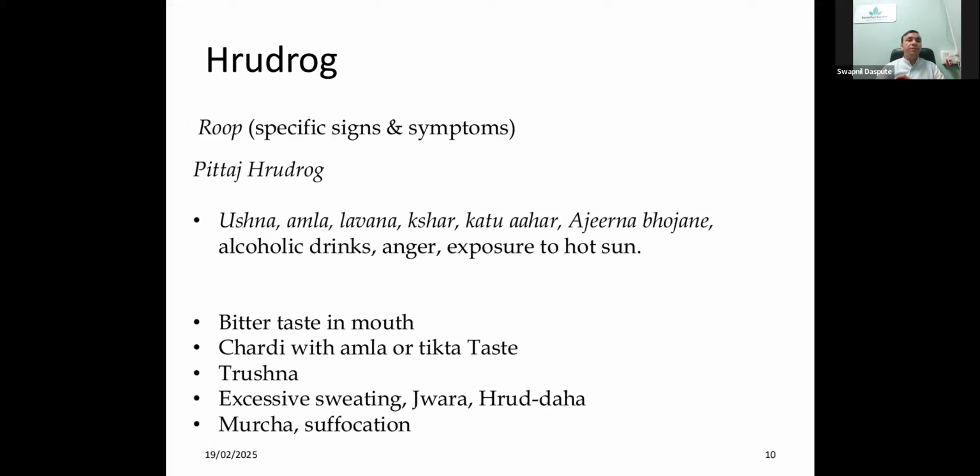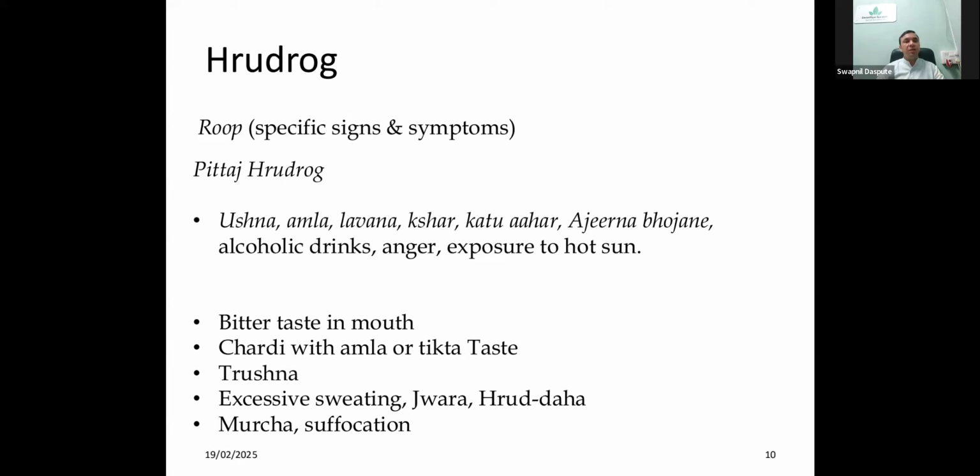Rupa of Pittaja Rudrog. In the hetus, ushna, amla, lavana, kshara, katu ahara, you know the meaning of these words. Ajirna bhojane means having food when the previous food is not digested, so that is ajirna bhojane.